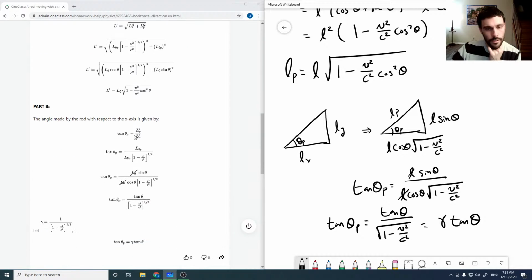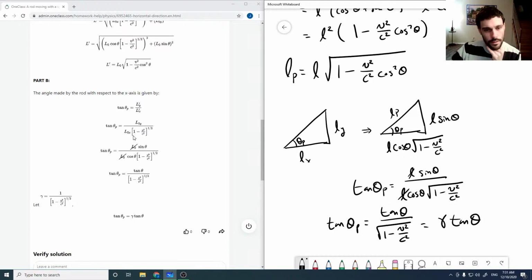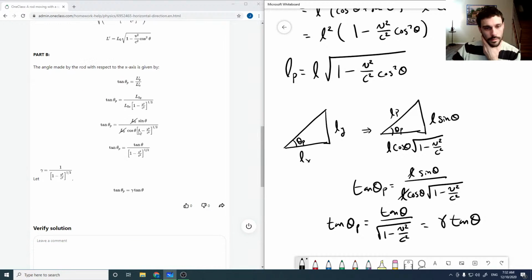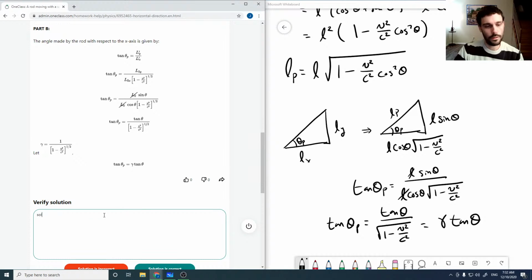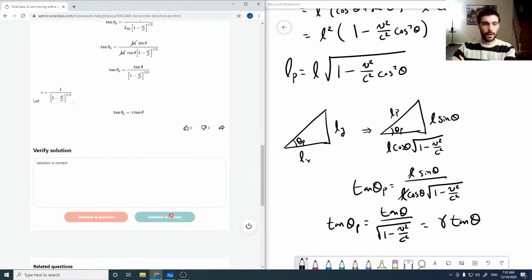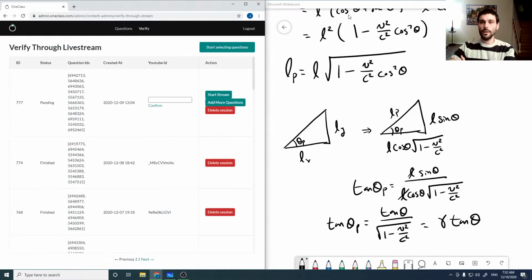And you get this, and then for the angle, it's the old y divided by the new x, and so gamma is this term, so then tan theta p is gamma tan theta. So that looks good. Solution is correct. All right, there we go. All right, so that looks good.